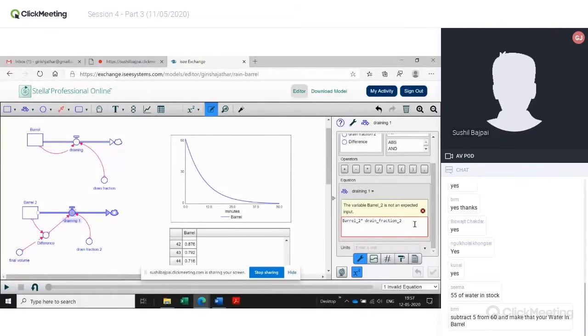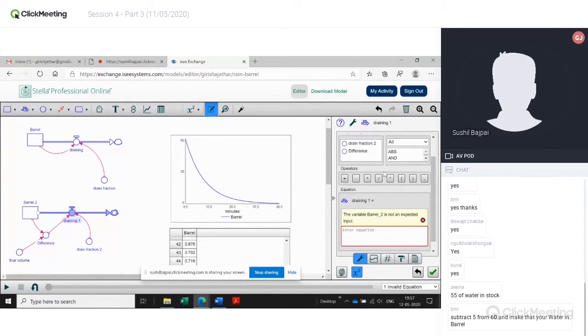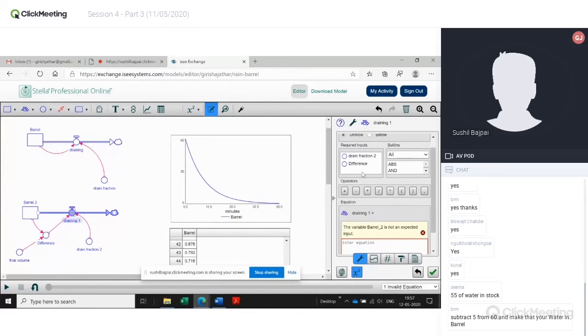And let's get draining 1 into the equation. And draining 1 in equation is quite straightforward. Just multiply by the, delete this first equation, which was already there. All right.